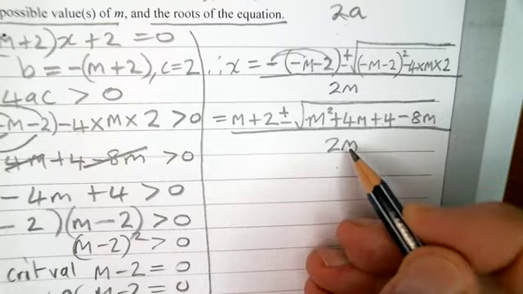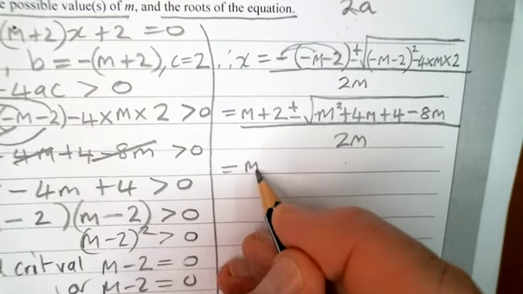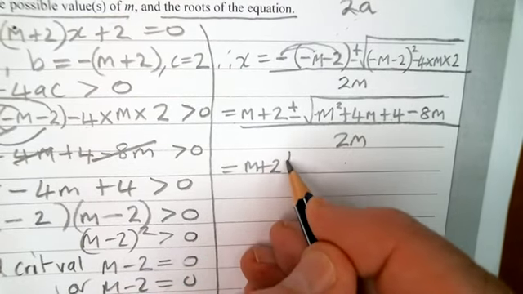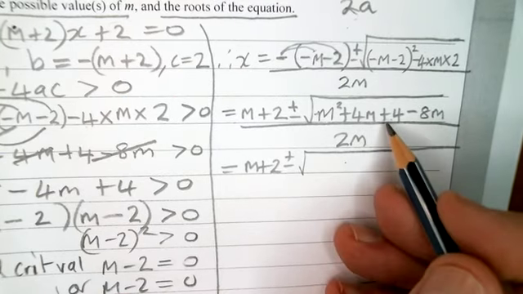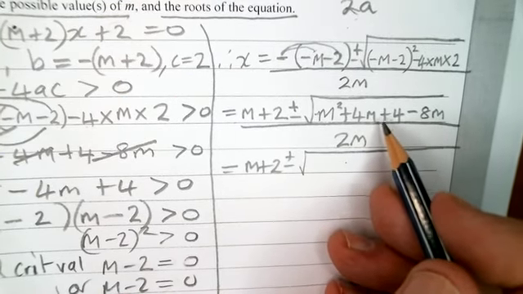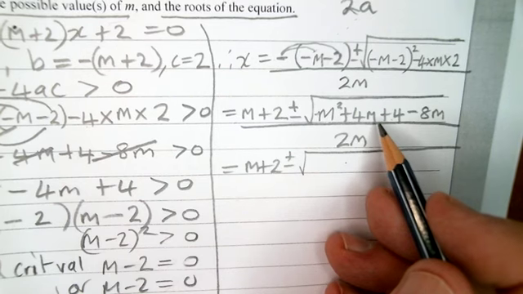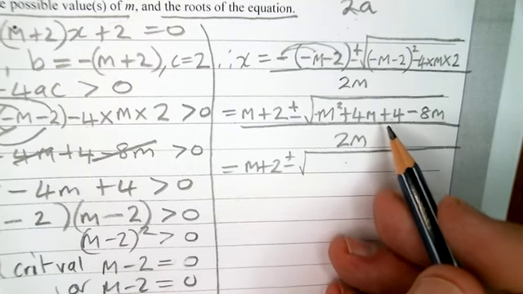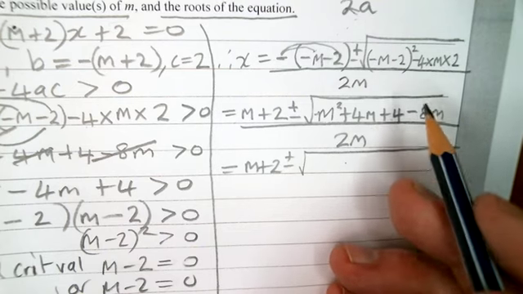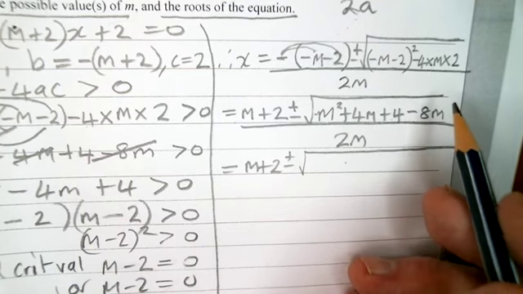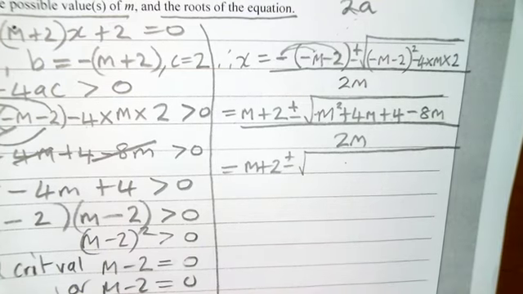And we know what this is, of course. This is going to be m plus 2 plus or minus, and let's have a look. I've got that. Now, I probably shouldn't have done that. Yeah, I'm actually thinking that's probably not the best way of doing that. Minus 4ac.